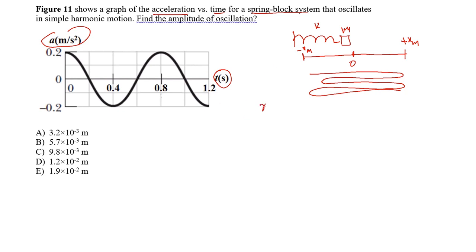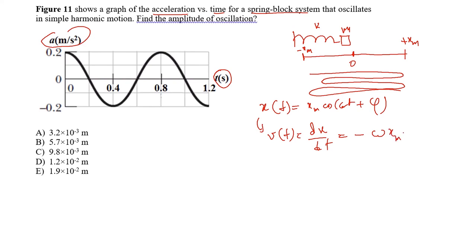You know that it's a simple harmonic oscillator. I have x at any time is x max cosine(omega t plus phi). If I take the derivative, I find the velocity of the block at any time, the time derivative of position. It gives minus omega x max sine(omega t plus phi).